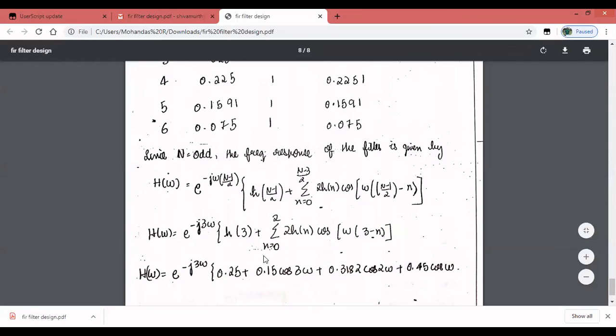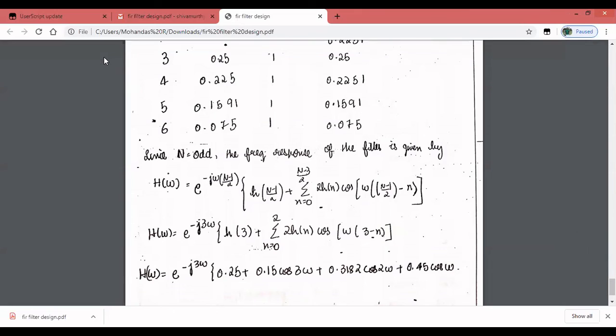So substituting all those values here, what I will be getting is 0.45 cos 3 omega plus 0.3182 cos 2 omega plus 0.45 cos omega. So this is the frequency response of the filter for your given specification using the rectangular type of window.